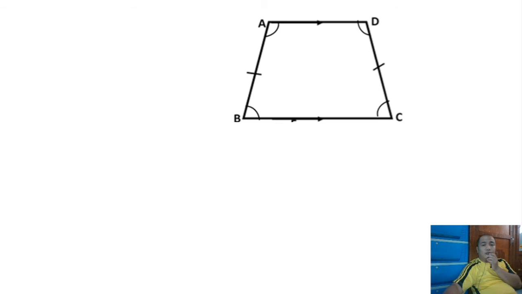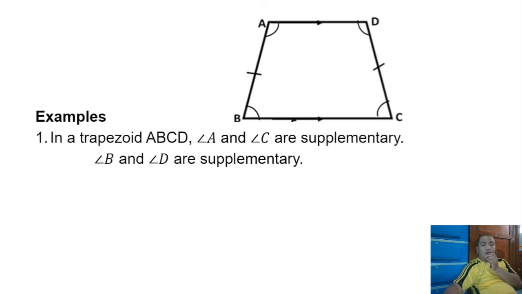So here, trapezoid ABCD again. Example, in trapezoid ABCD, angle A and angle C are supplementary. Yes. Angle B and angle D are supplementary. By the way, this is an isosceles trapezoid. The legs are equal. Now, if angle A is 110 degrees, what's the measure of angle C?